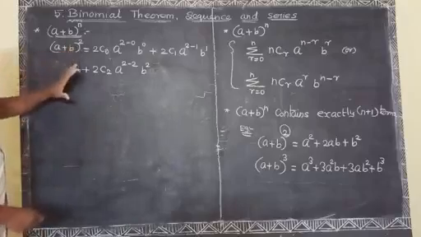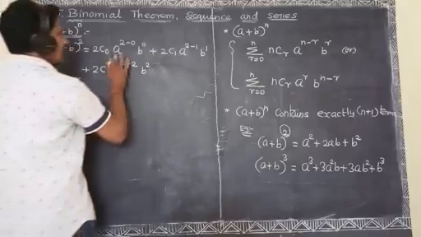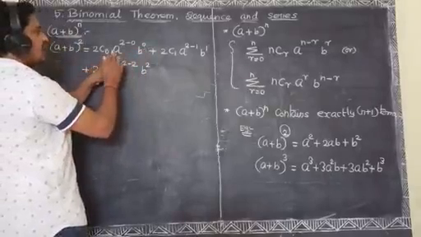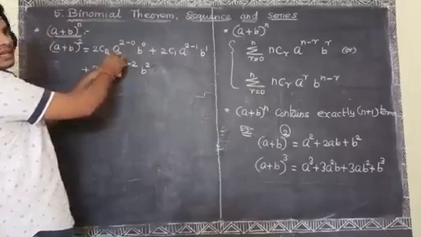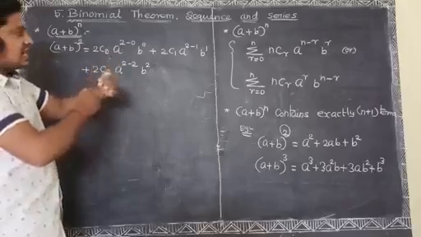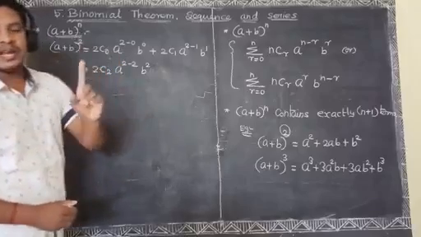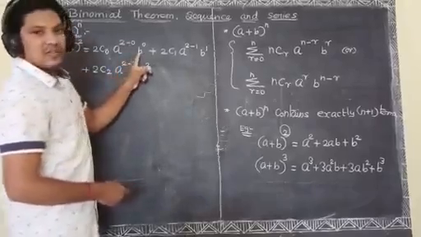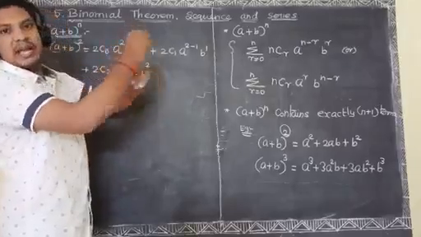Here the concept is, in each term, the powers of a decrease by 1 and the powers of b increase by 1.